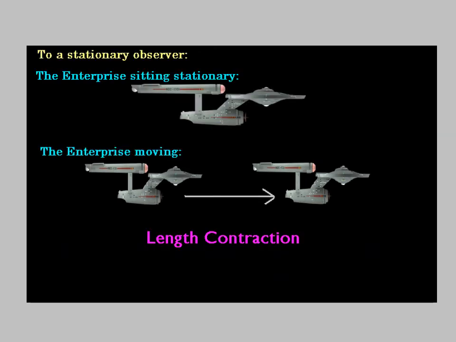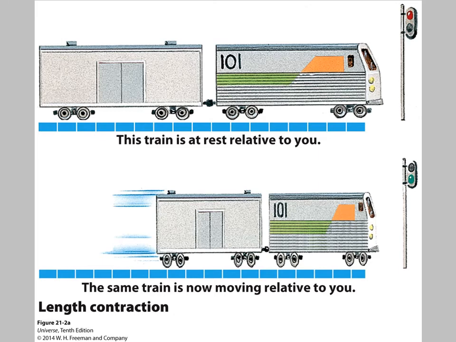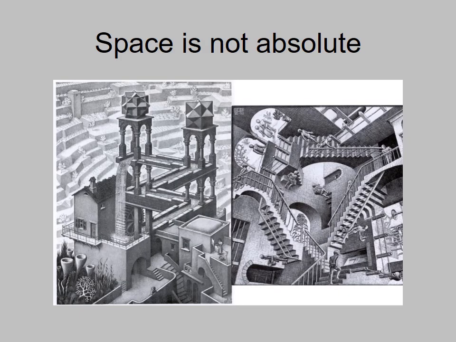So, the faster you go, the smaller the dimension. Got a train moving a certain speed? If it's sitting stationary, it's one length; if it's moving, it's actually shorter. Okay, so length contraction, which means that space is also not an absolute quantity.